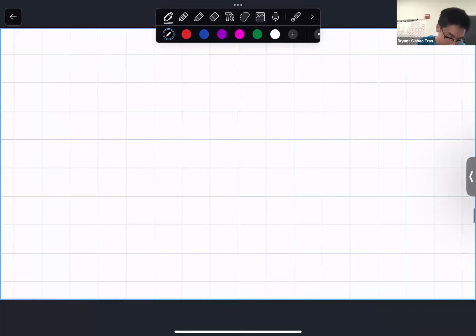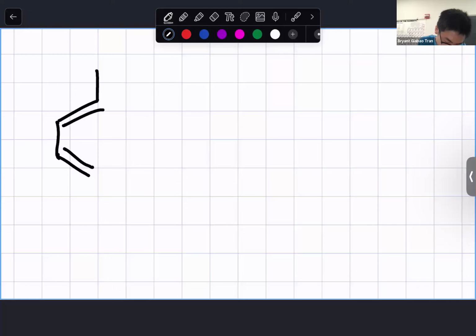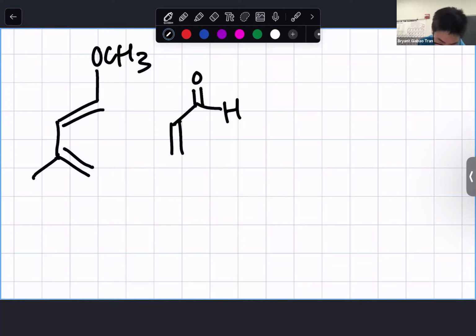So let's say we have this diene right here with, let's say, this EDG in that R group on that carbon 3, and this dienophile here. And let's say that we have an aldehyde there and a nitrile here, right?